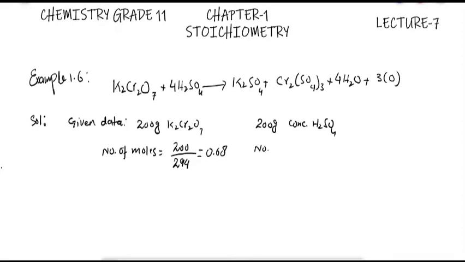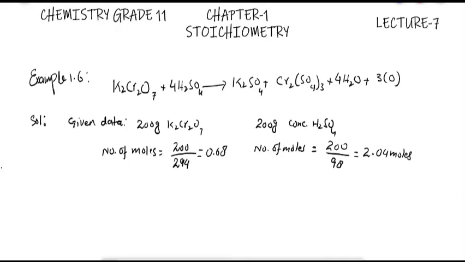So first we have to calculate the number of moles of sulfuric acid, that is 200 divided by the molar mass of sulfuric acid, which is 98, and this is equal to 2.04 moles. Now we know the number of moles of both the reactants, which we calculated from the mass in grams given to us.